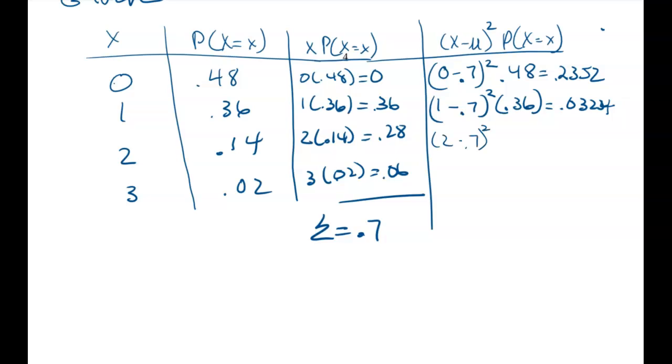If you organize your table well with your formula in it, these become much easier to work out. The probability of getting a 2 is 0.14, and I get 0.2366. The last one is 3 minus that mean squared, times the probability 0.02, and that's 0.1058.